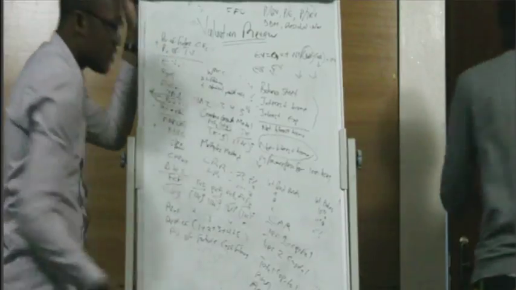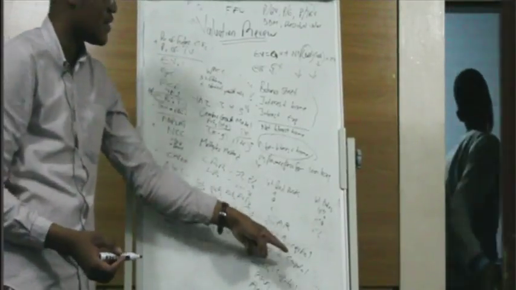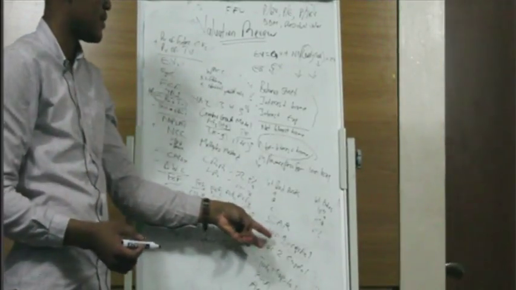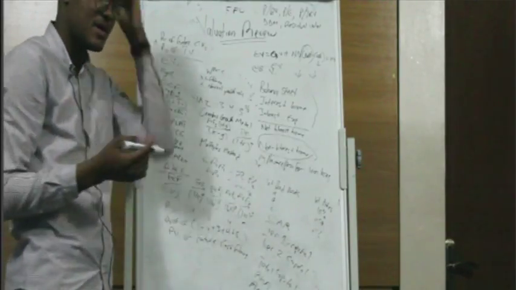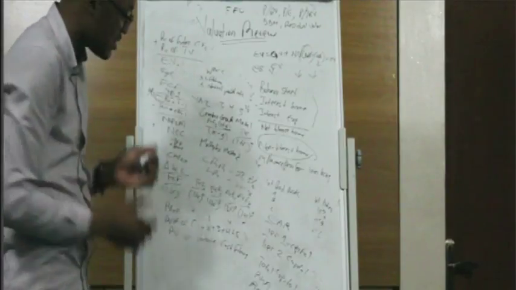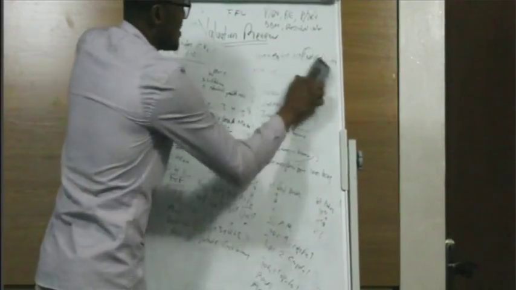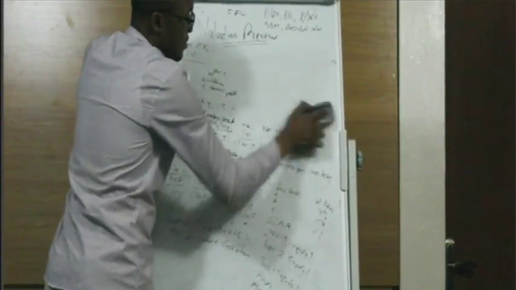So the way this works is, banks are mandated to have tier 1 capital and tier 2 capital. Tier 1 capital is basically ordinary share capital and preference share capital.